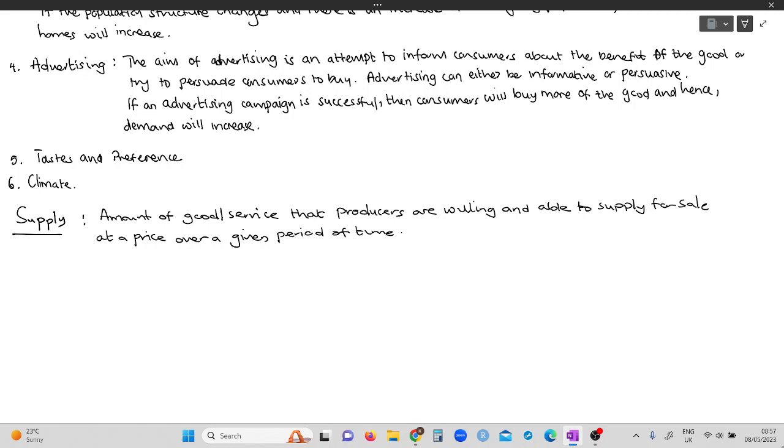This is supply. D'accord? Donc, bien sûr, whenever we talk about the supply, pareil comme on a fait avec demand, we will talk about the relation between price and quantity supply. So, we say that we have the law of supply.